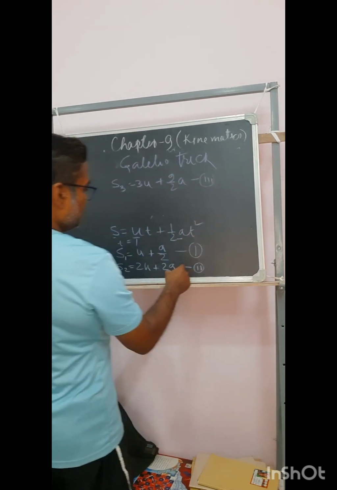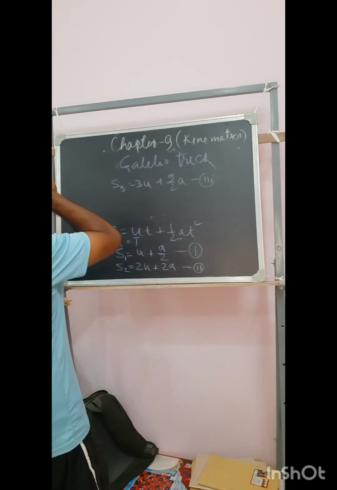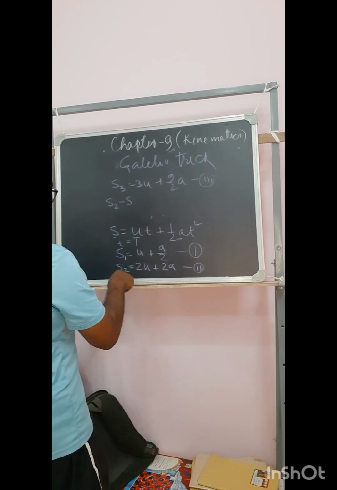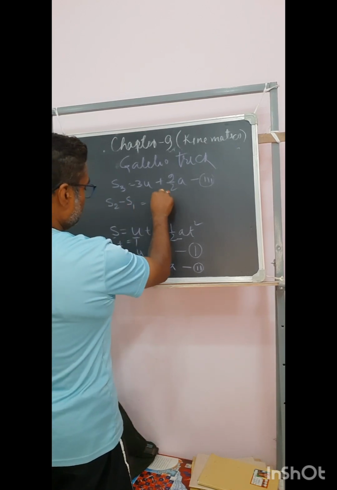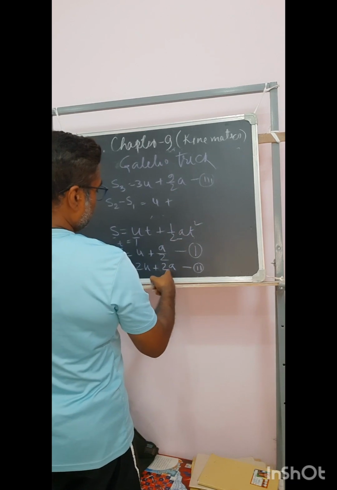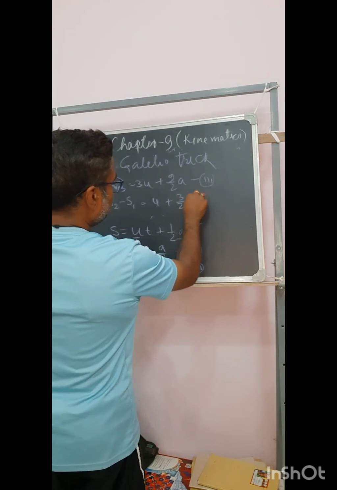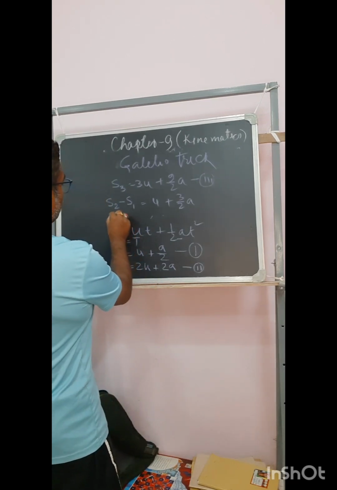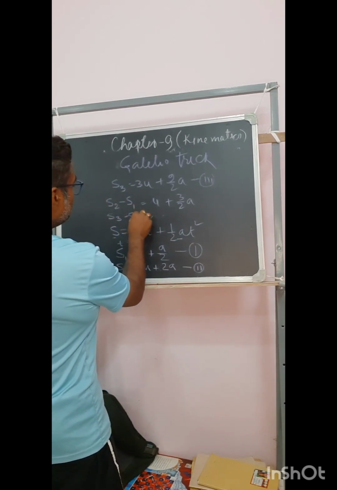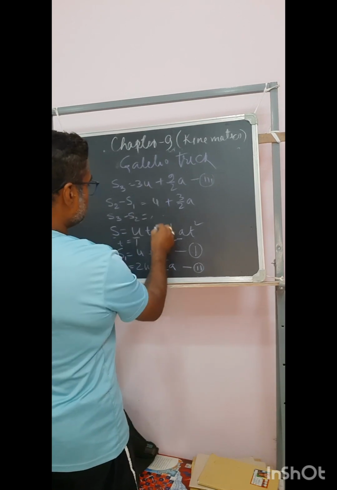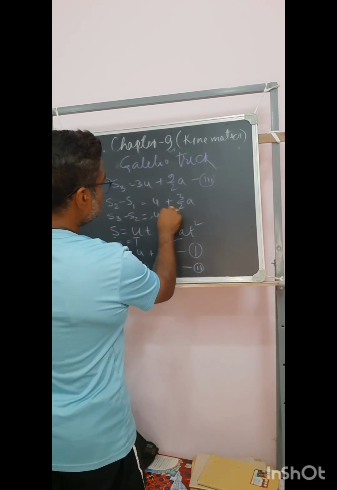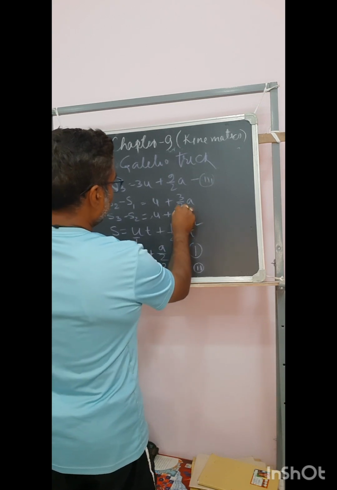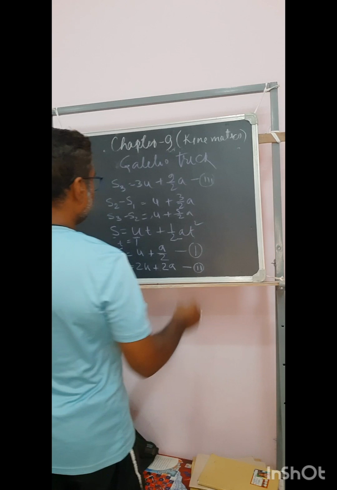Now if I deduct 1 from 2, what is the distance traversed between the second time and the first time? It is equal to u plus 3 by 2 a. And s3 minus s2 is equal to u plus 9 by 2 minus 4, that means 5 by 2 a.